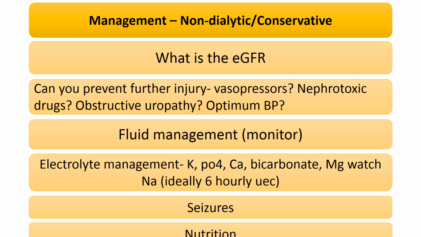We can replace that orally as well. If we are not able to manage the bicarbonate, the acidosis medically, that would be an indication for dialysis. In addition, we need to watch out for patients developing hyponatremia, and if this can't be managed medically, we would then go on to do dialysis.